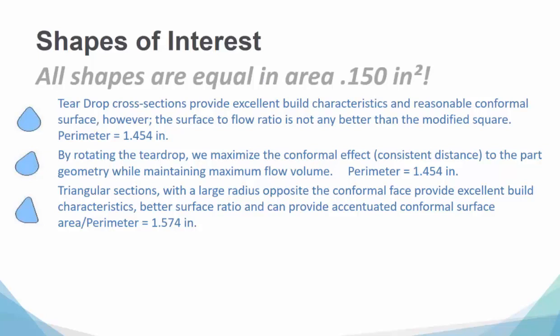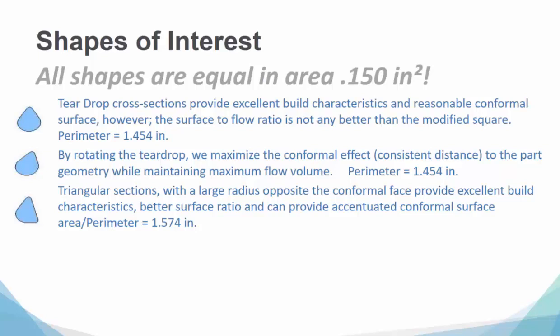That flat side is going to do much more work being parallel. It gives you more of a conformal effect, a more constant distance from the part, and that helps to maintain that flow volume because it's a good shape. So the perimeter, you're getting the most out of it, even though the number on the perimeter may seem to be a smaller number.